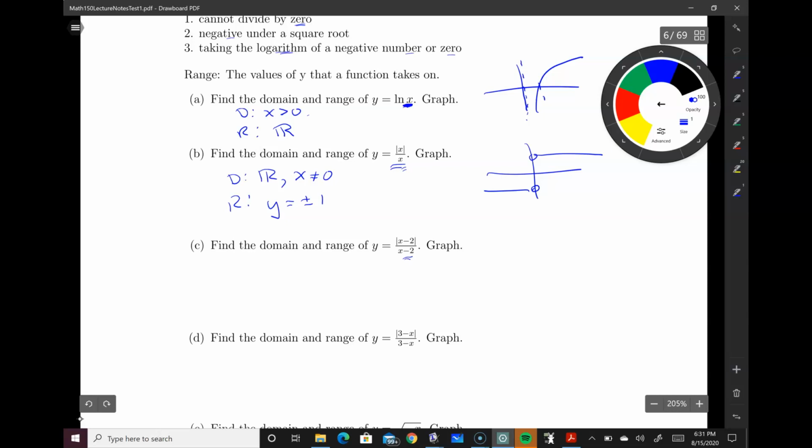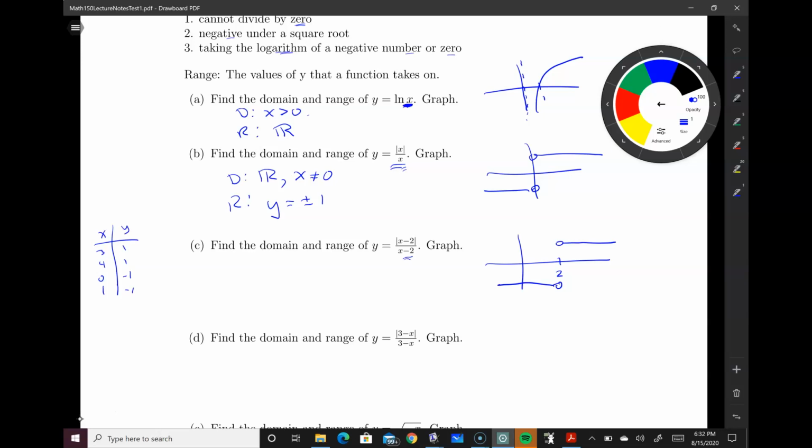Here I can see that x cannot equal 2, so 2 is the number where it's going to change. If I plug in x values and find out what the y's are, if I plug in 3 or 4, I get a y value of 1. If I plug in 0 or 1, I get a y value of -1. So here it is. This is that graph just shifted over where 2 is the value you cannot use.